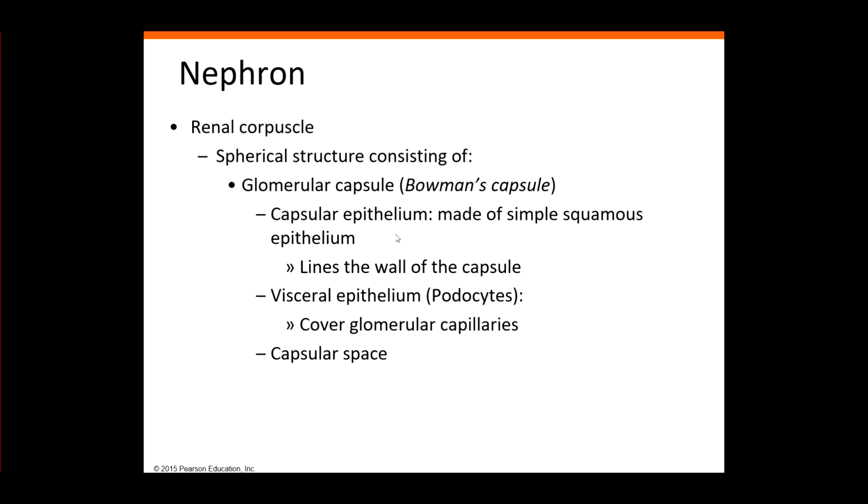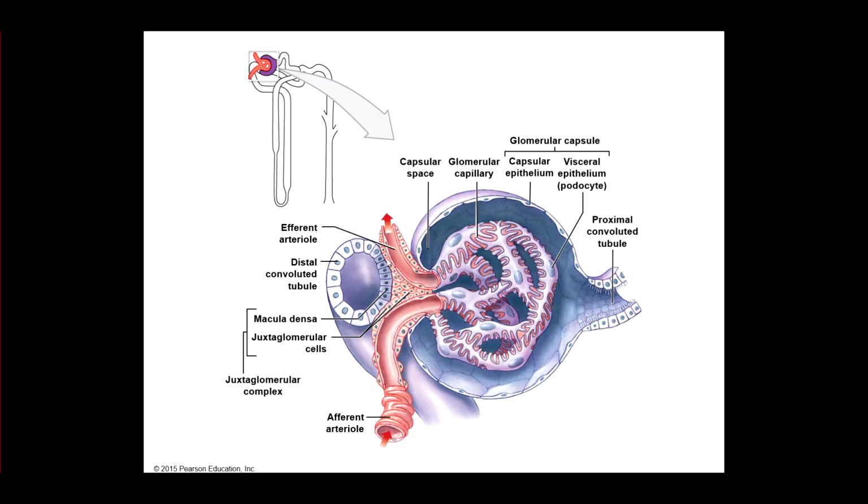And so this is the epithelium that lines the wall of the capsule. Then the second part I'd like you to know is the visceral epithelium. Those are the podocytes, and they cover the glomerular capillaries, right? They're going to cover the blood vessels. And then the space in between, you're simply going to call the capsular space.